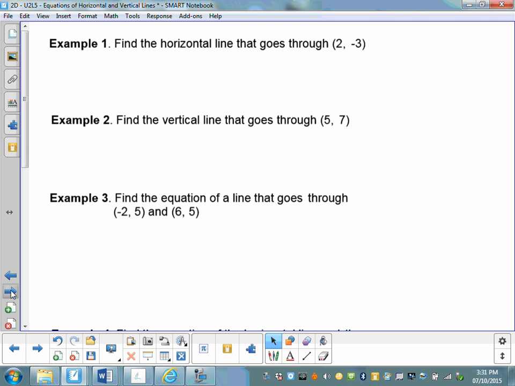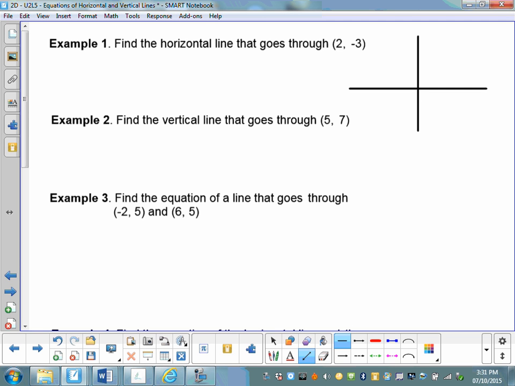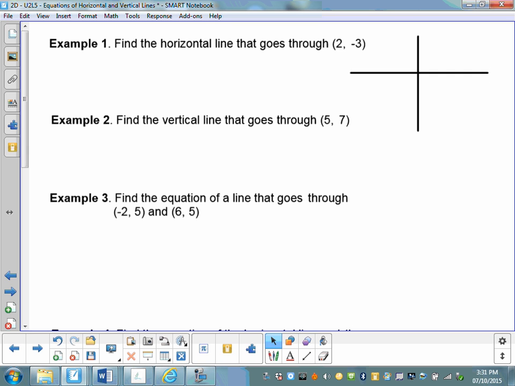Okay, let's take a look at some more examples. So, questions that you may get that involve horizontal and vertical lines. Find the horizontal line that goes through (2, -3). So imagine if I plotted this point on a graph. And I would suggest that it's a good idea to just sketch a little picture of it.